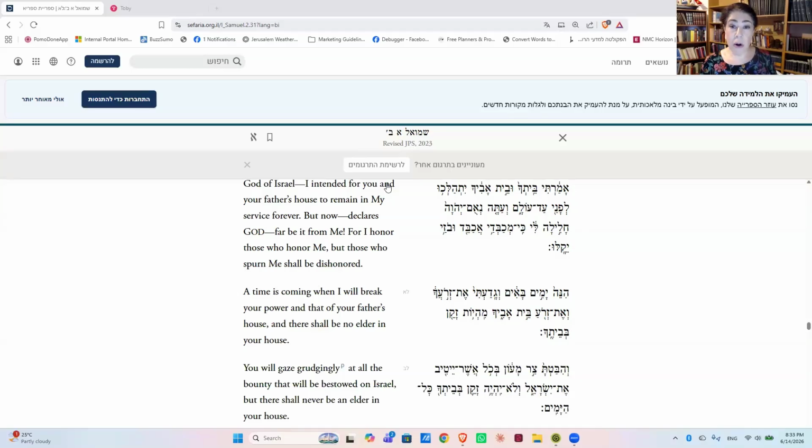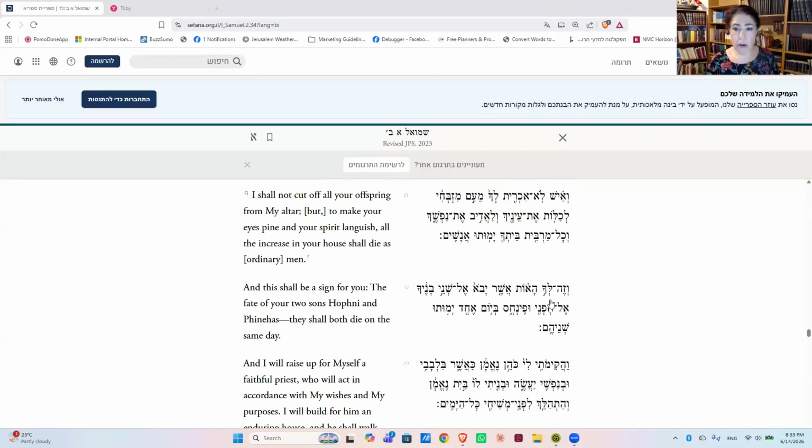And how will you know that this is coming true? On the same day, both of them will die, right? Because they have abused their power and their trust in terms of bringing these sacrifices. And what happens?